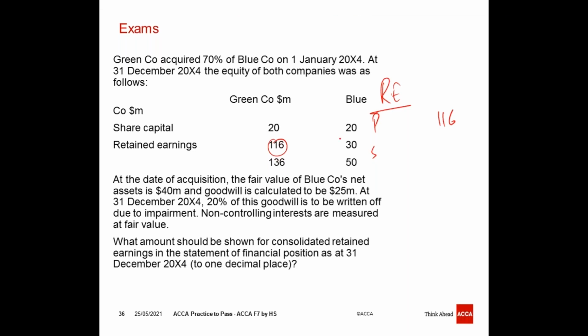The net assets at the end are 50, and the net assets at acquisition were 40. So there is a post-acquisition profit of 10. 10 into 70%, the value will be 7.